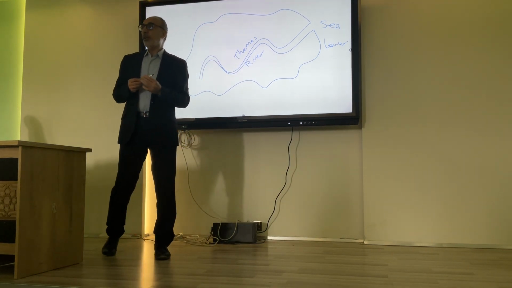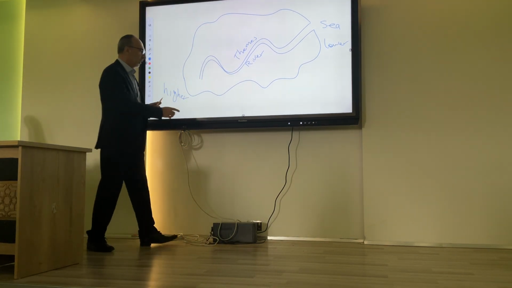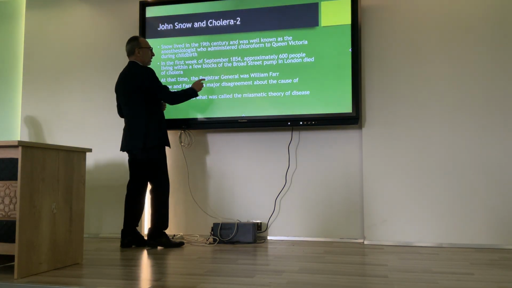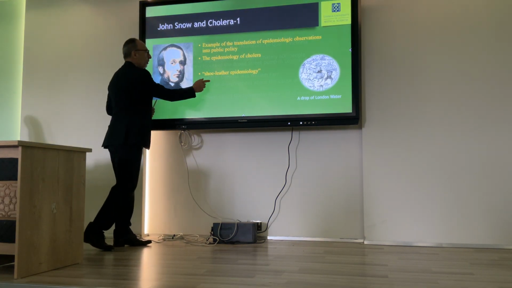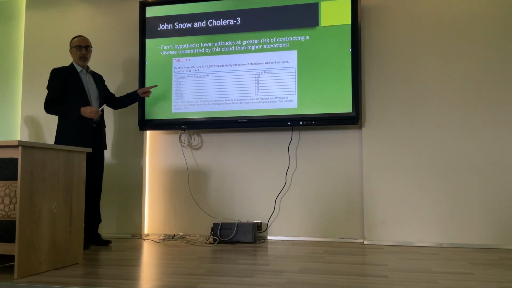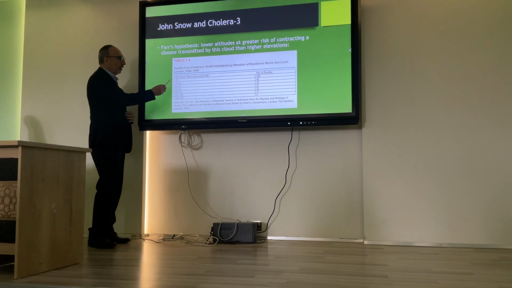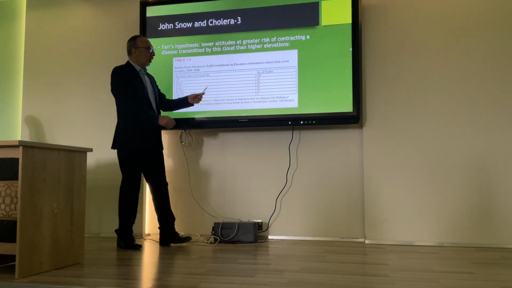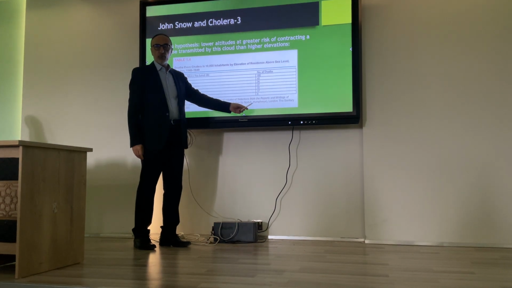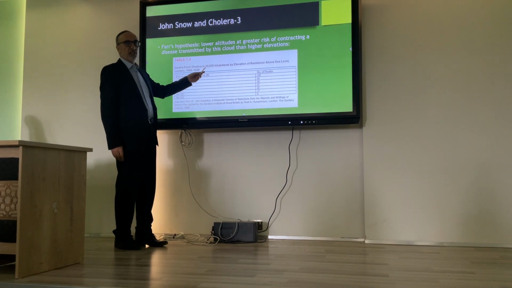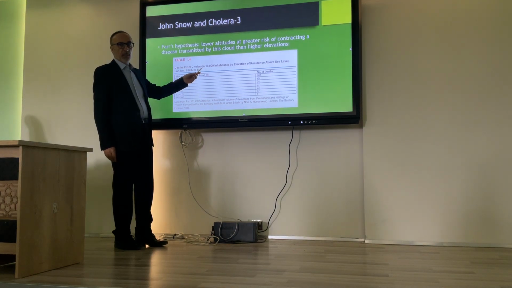And William Farr also conducted a study, and that study at that time was not a bad study. He provided a table and showed that by increasing elevation from sea level, the number of people who died due to cholera will decrease in each 10,000 population.